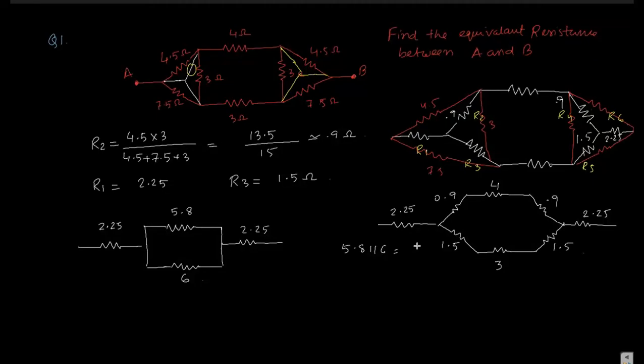5.8 into 6 by 11.8. It becomes 2.95. So the equivalent resistance is what? It is 2.25, keep intact. Then it is 2.95. Then again it is 2.5.